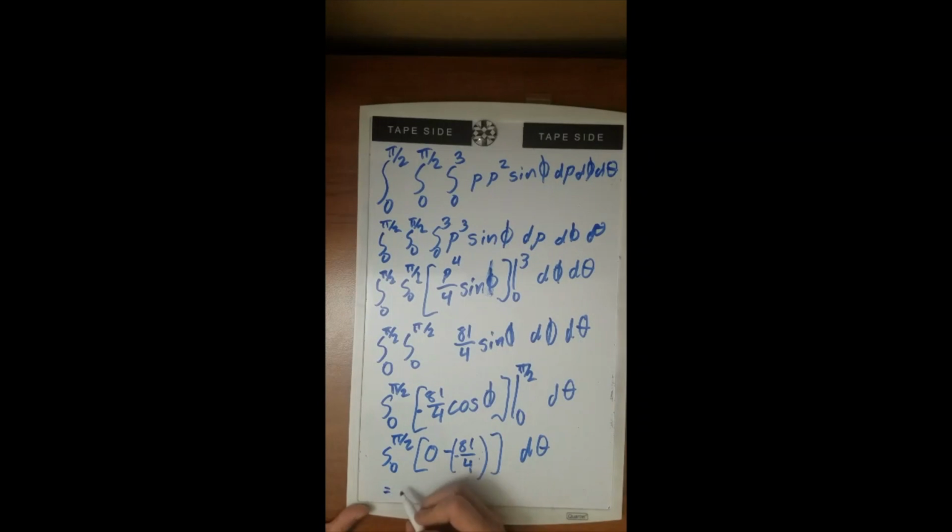That can be simplified to from 0 to pi over 2 of 81 over 4 d theta, which ultimately should come out to be 81 pi over 2 times 4 minus 0, which should equal 81 pi over 8. And that's your final answer.